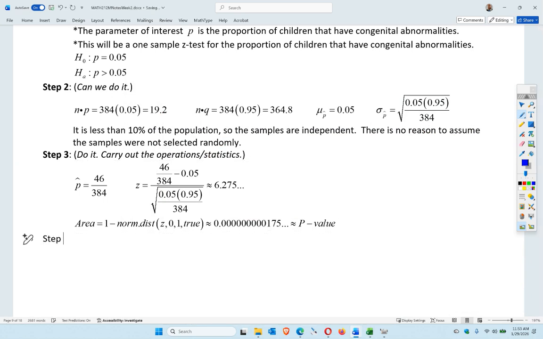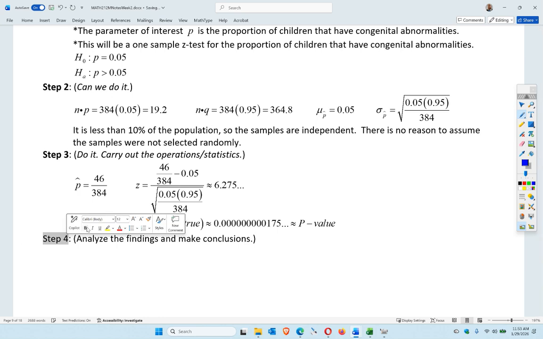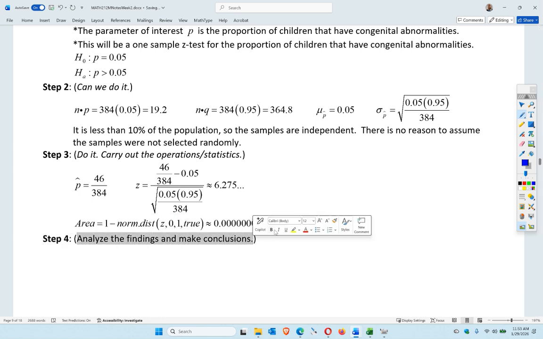Now we have to analyze. Step 4, right? Analyze the findings and make conclusions. Okay. Make that bold. Make that italic. Okay.